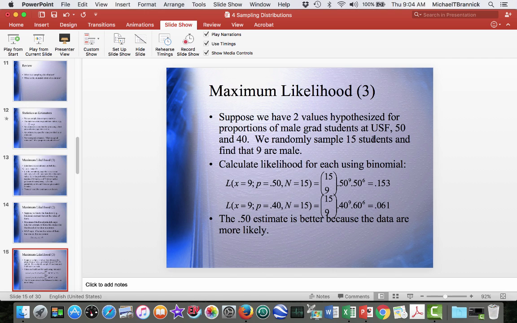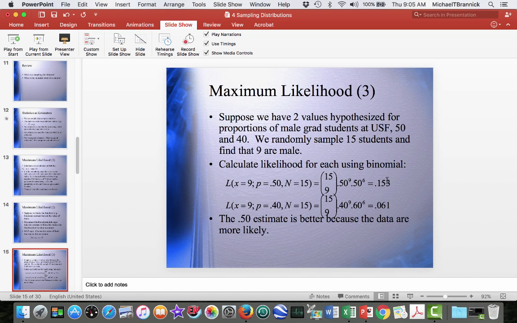All right, so the binomial is a function, and if we say 50%, then the likelihood that we find 9 people who are male, where the proportion P, probability of male, is 0.5, with 15 people, is this: the number of combinations, 15 things taken 9 at a time, and here's probability of 0.5 for the probability of male, probability of 0.5 for probability of female, and it works out this equation.